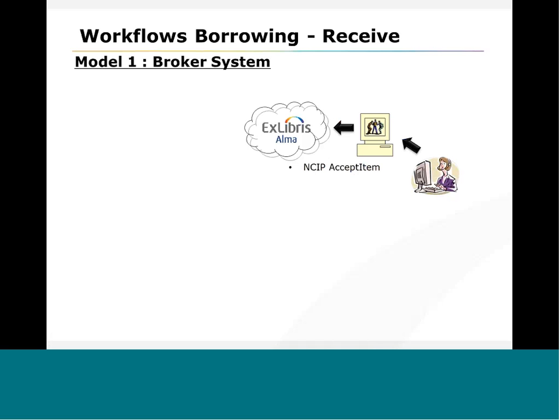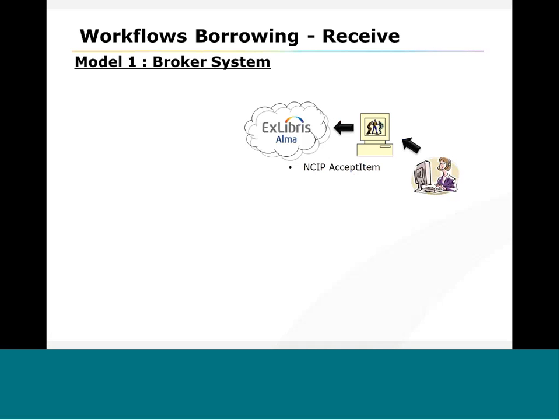That's what it does. It notifies Alma that there's a borrowing request and I've got the item for this borrowing request. This message includes all of the bibliographic description, the pickup location, everything that has to do with the request information.